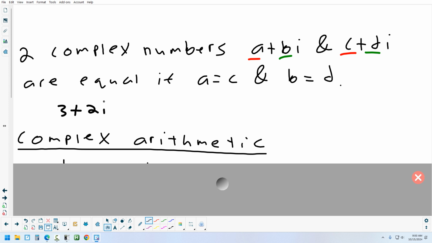Is it 3 plus 2i? That is the only number that is equal to 3 plus 2i itself. If you had something like 3 plus 4i, you could say they partially match. The real number 3 matches the other real number of 3. But no, they're not equal, even if part of them match. For two complex numbers to be equal, both parts have to match, real and imaginary.